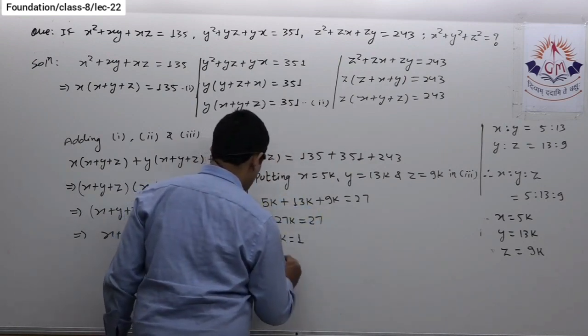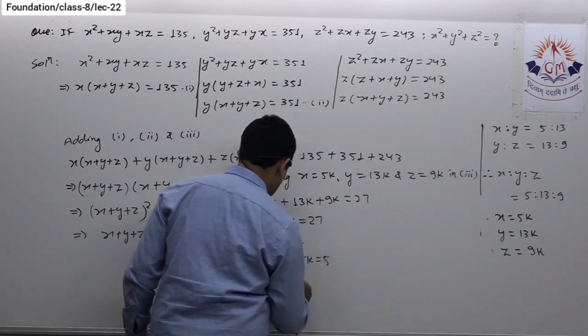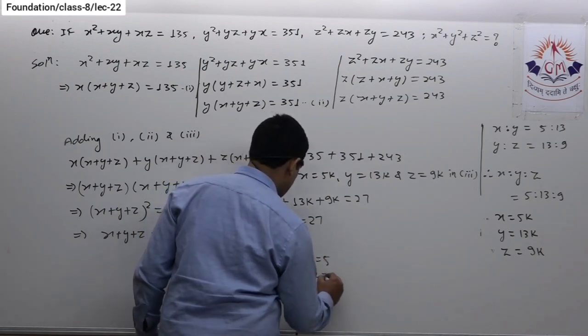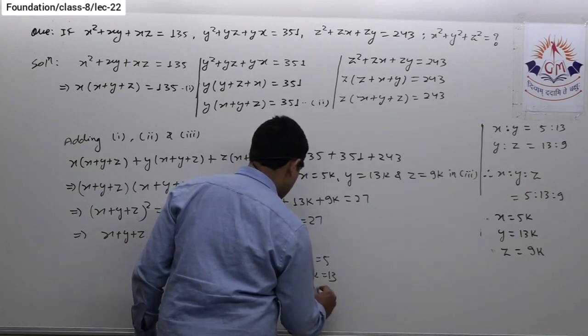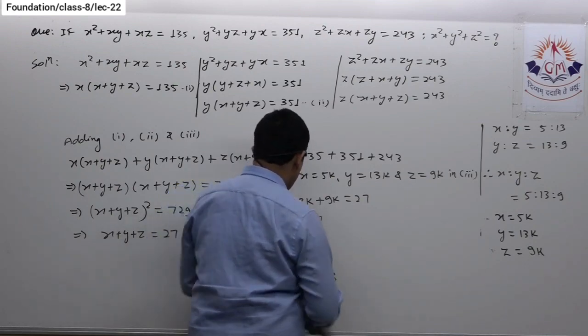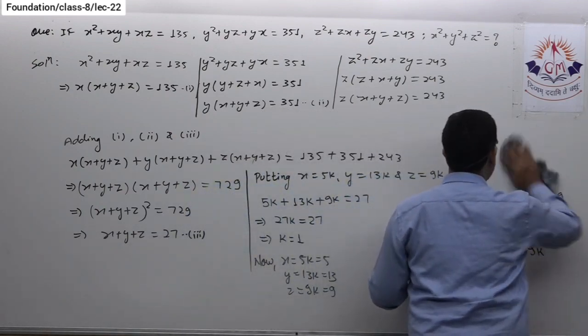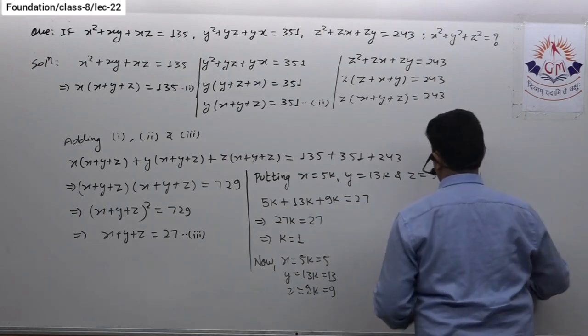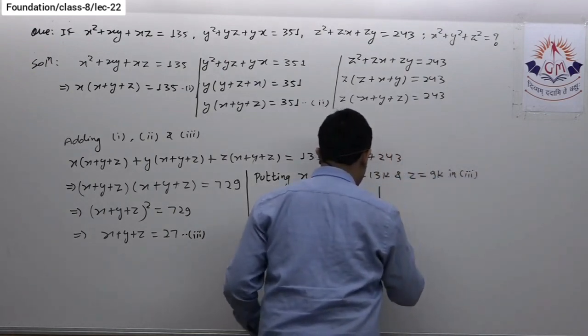Now, x was 5k, that is equal to 5. y was 13k, that is 13. And z was 9k, that is 9. So I got the values of x, y and z. Now we'll put these values in the expression that we have to find.